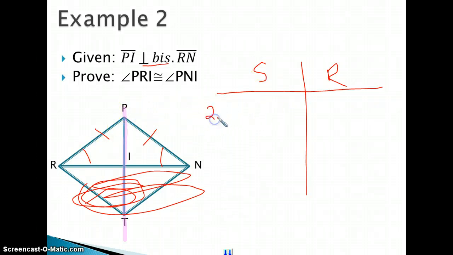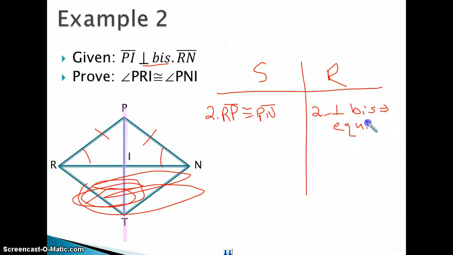So statement 2, I'm going to say that RP is congruent to PN. And now, because I started with the perpendicular bisector, which gives me equidistance. And again, that equidistant point was P. It's the same distance to R as it is to N. And now that I know that I have two sides congruent, I have to have two angles congruent.